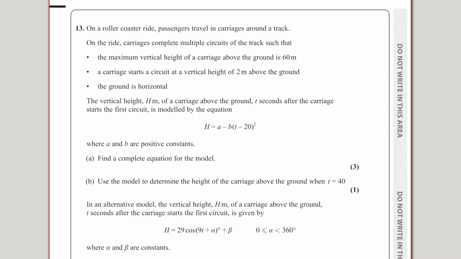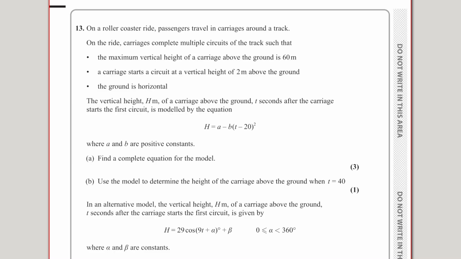The ground is horizontal. The vertical height of a carriage above the ground, t seconds after the carriage starts the first circuit, is modeled by the equation h equals a minus b times t minus 20 squared, where a and b are positive constants. Find the complete equation for the model. So find the values of a and b.